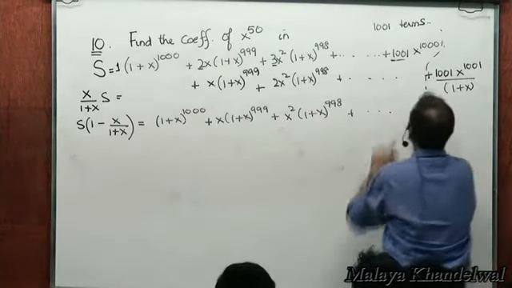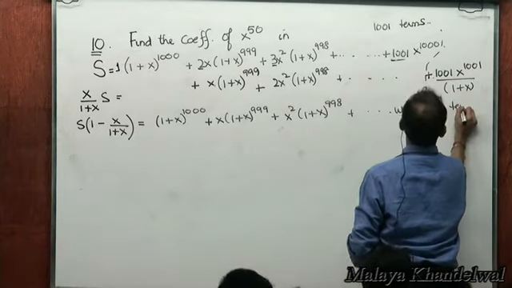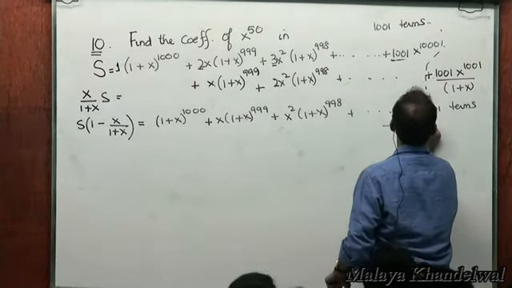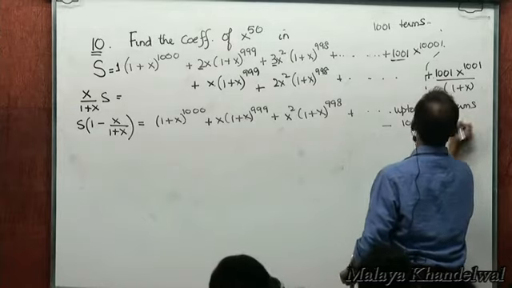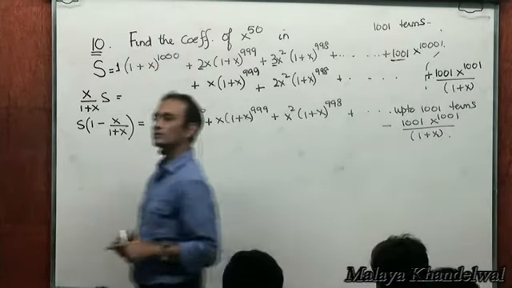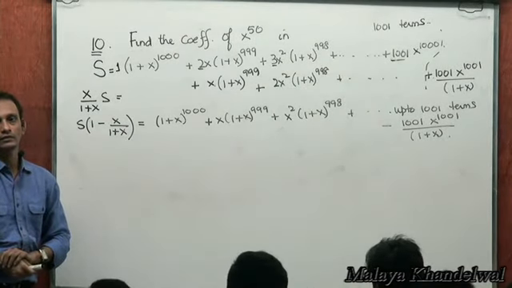I take up to this point, that means up to 1001 terms, and minus 1001 x to power 1001 divided by 1 plus x. What about this? Yes or no?